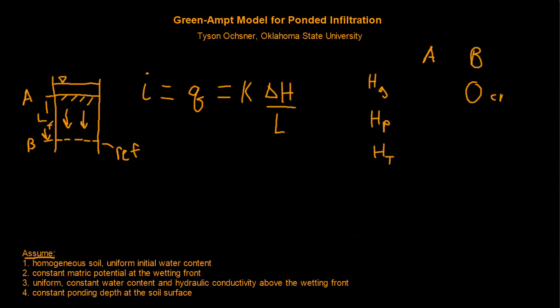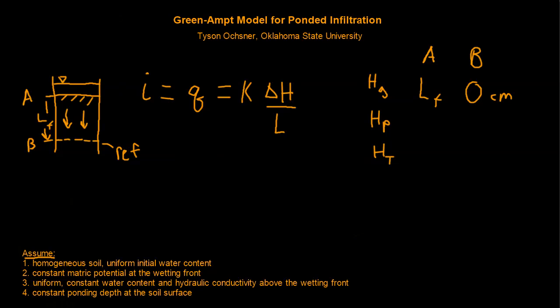All my units here I'll express in centimeters, so 0 centimeters for the gravitational head at B. And so the gravitational head at A is equivalent then to this length of the wetting front, L subscript F.